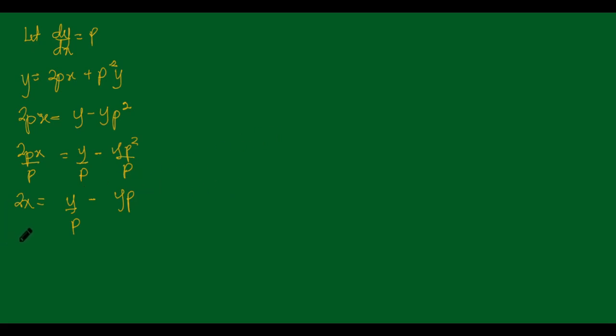We can now differentiate with respect to y. So in differentiating with respect to y, we have 2 dx dy will be equal to 1 over p minus y over p squared dp dy, then we have minus p minus y dp dy.